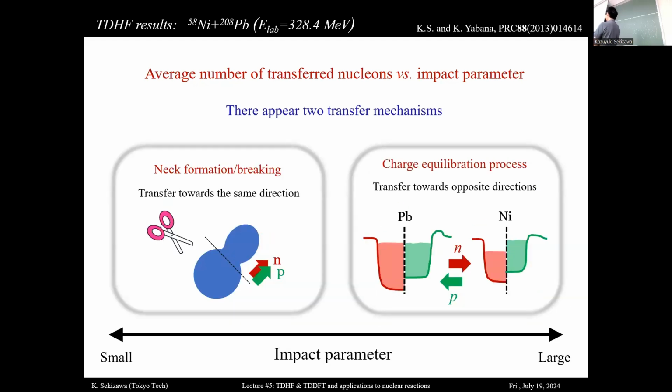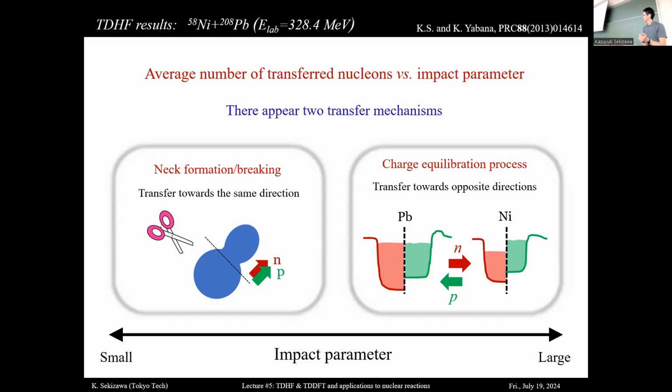Depending on the impact parameter, as you saw, TDHF provides two distinct transfer mechanisms, charge equilibration and neck formation and breaking, in a microscopic way. This is actually complex reaction dynamics, but you can get this kind of insight from the TDHF calculation.